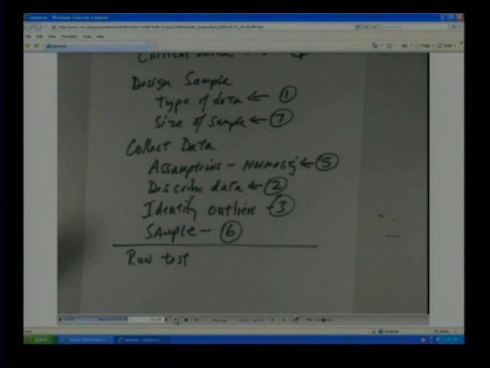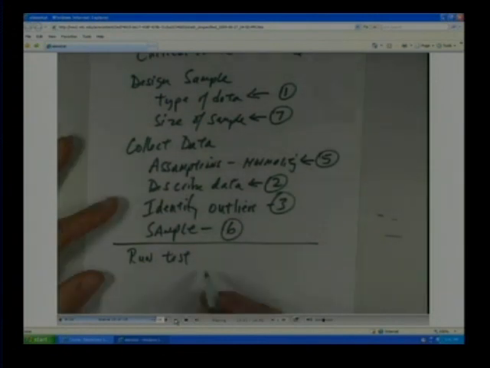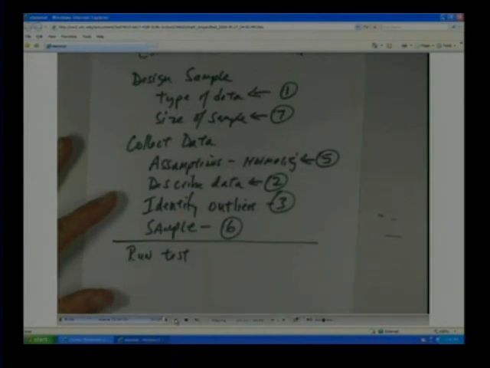Whether we're going to do a t-test or a chi-square test, we're going to talk about those in the next chapters, whichever test. There's a lot of different statistical tests that we could do. So we use computer programs. Some of them we can do with a calculator fairly easily. But we run the test, and then after we run the test, we're going to get a test statistic.